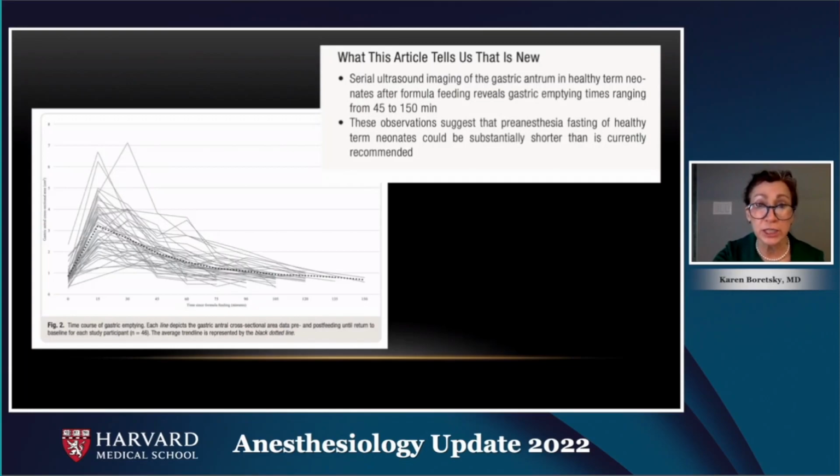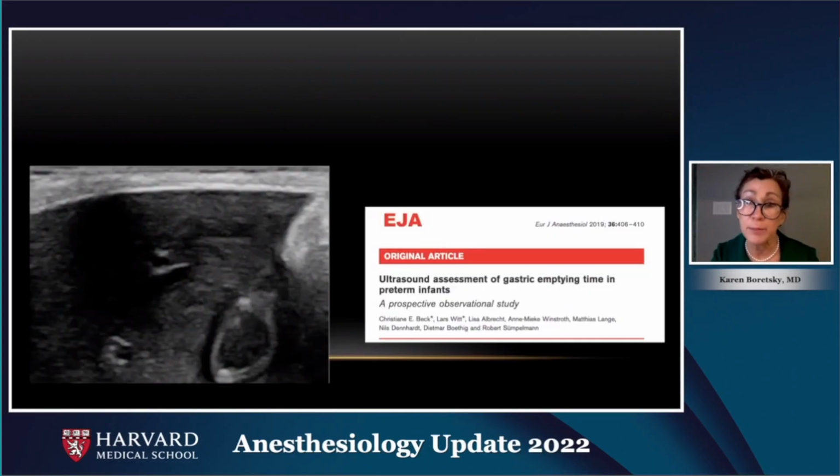So in just a little over 2 hours, at around the 2.5 hour mark, these stomachs were sufficiently empty that we could proceed with anesthesia safely. And this may revolutionize or change the way that we can allow patients to eat ahead of time. Lest we forget our preterms, are they a different species?